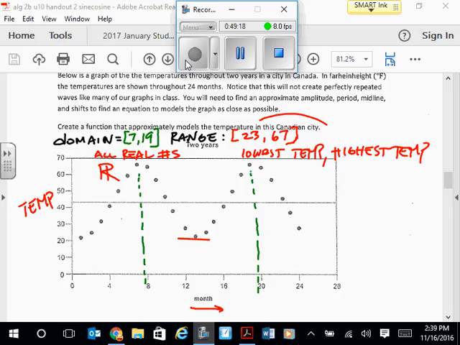Negative numbers are part of all real numbers. Let's see if we can find it here. Basically, what I want you to note is the domain is always the bottom line, like in this case, the months, and the range is always the y, the up and down. We want to identify in the handout you have what the domain is talking about in real life, and what the range is.